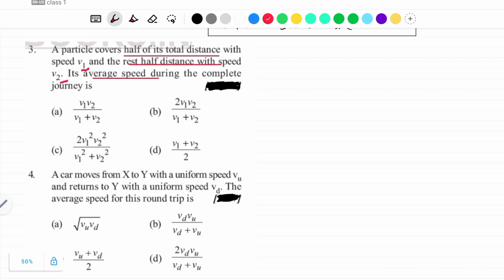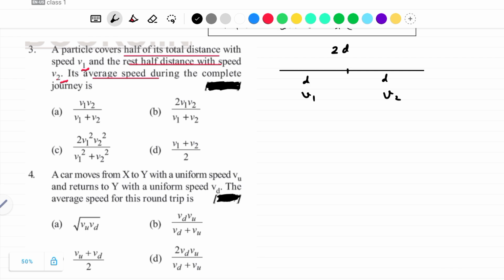When you have to solve such problems, I suggest you always draw a line showing the total path. This is the total distance, which is 2d. Half distance will be d and the other half will be d. The first half is covered with speed v1, the other half with speed v2.